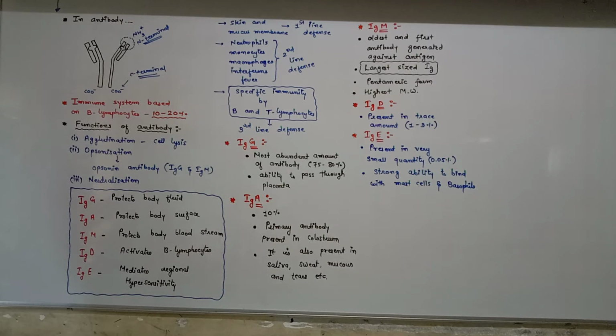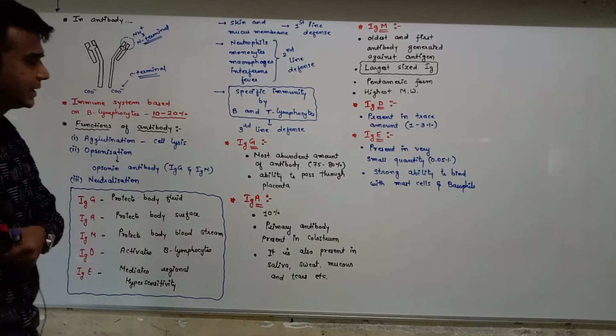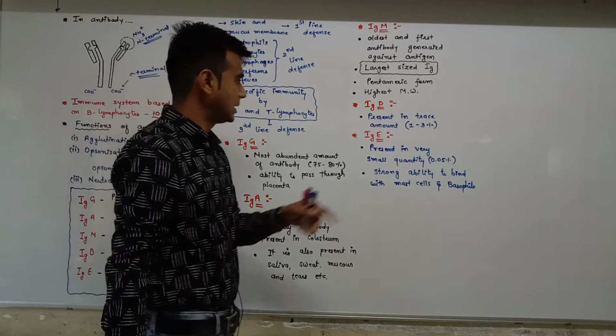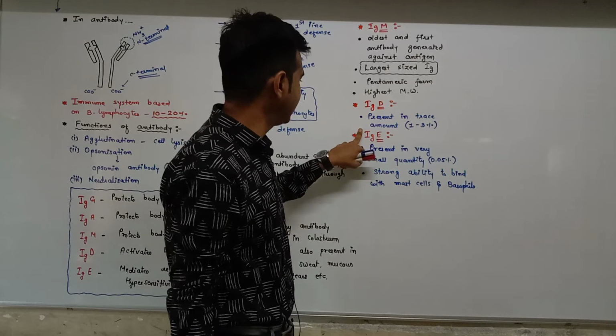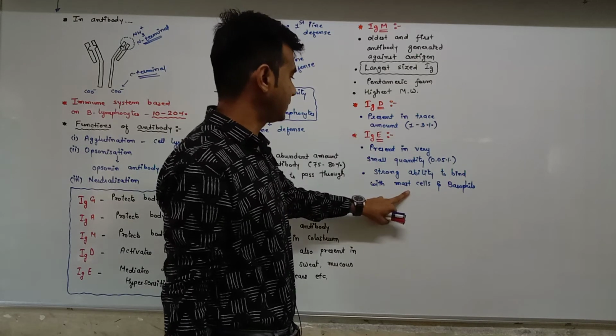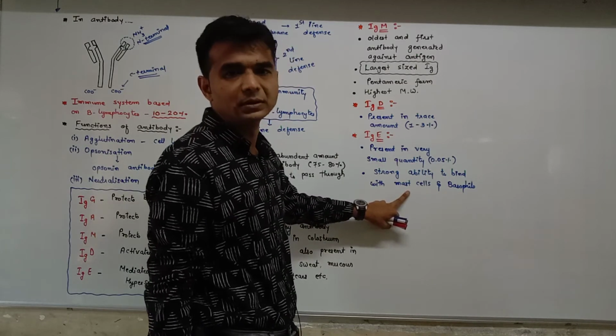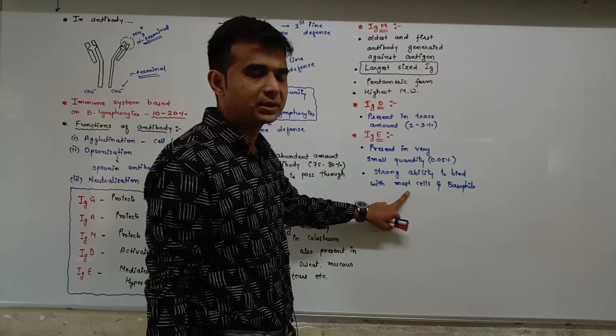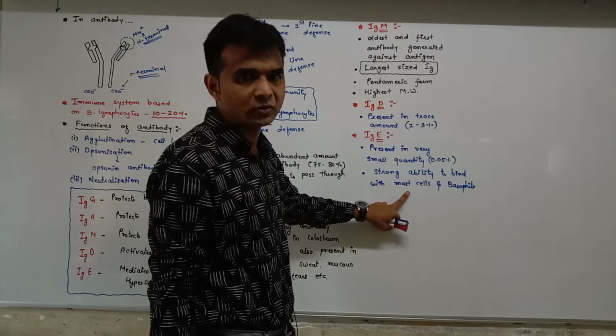As you know that during allergic reaction, IgE antibody is secreted, and from the mast cells, heparin, histamine and serotonin.